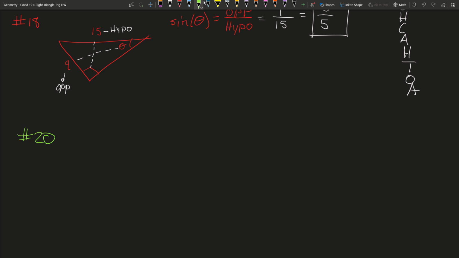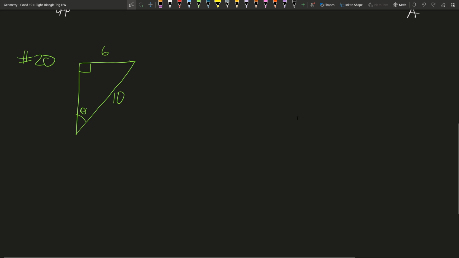Number 20 gives you this diagram, and you're asked to find the tangent of theta.